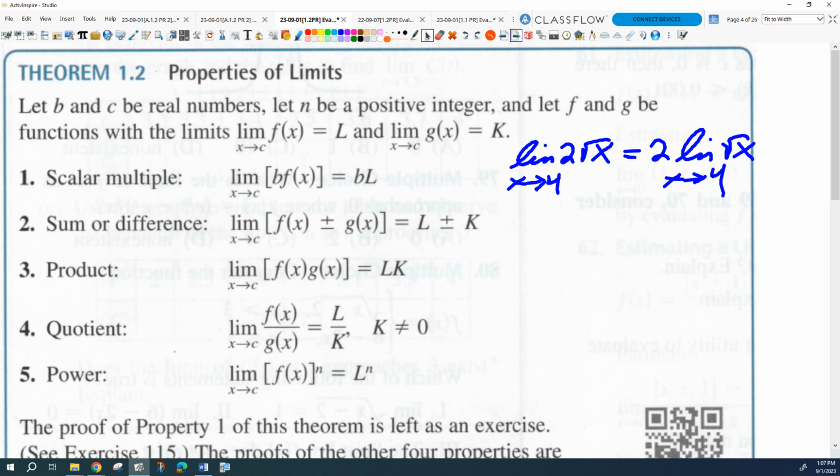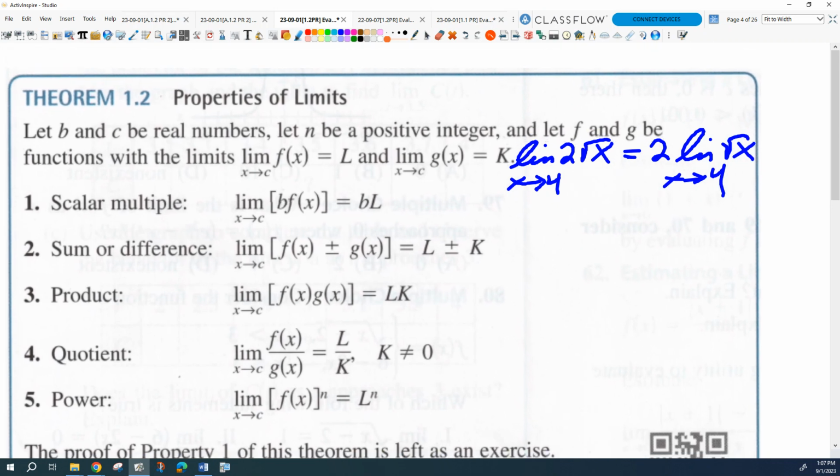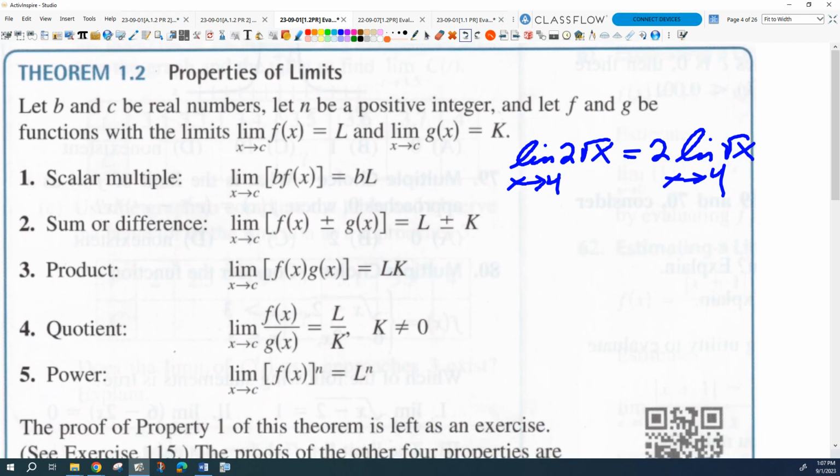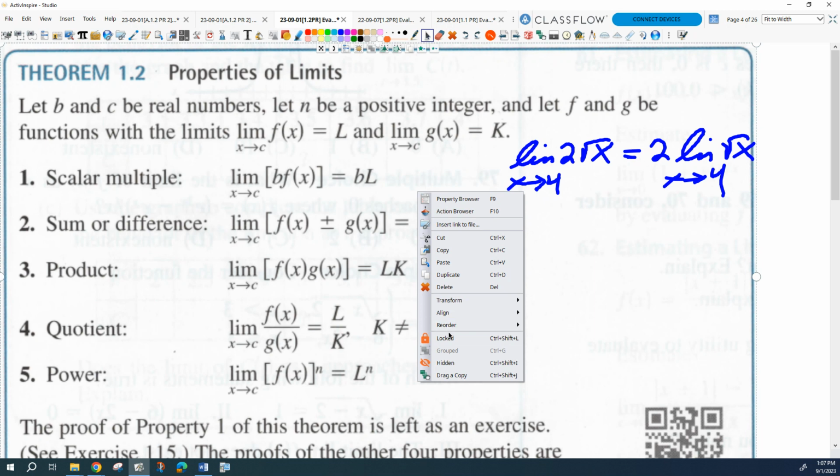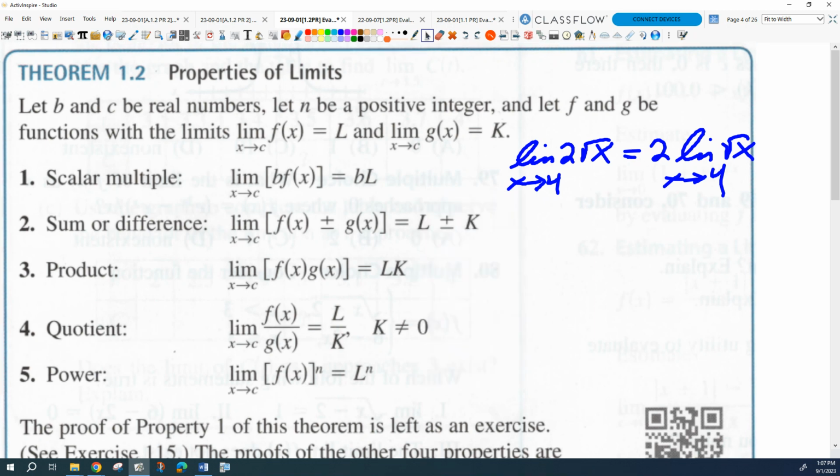Okay, then if I take the limit of b times f of x as x approaches c, what I can think about doing here is taking that b, I can think about this as pulling that b outside of the limit.